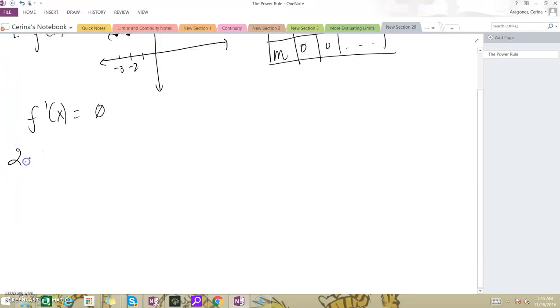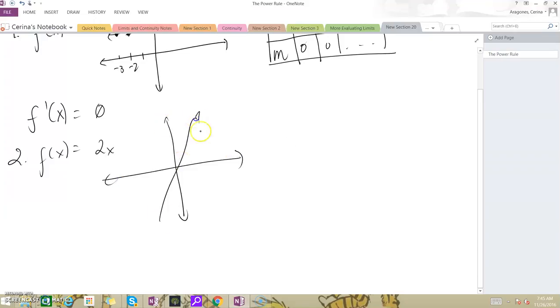We did this for a linear function. We found out the slope was just the slope, right? Rise over run. So f prime of x equals 2.